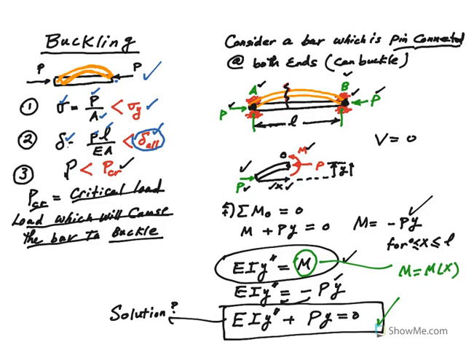The moment was always a function of x because we had loads in the vertical direction. Then we simply integrated once, we got the equation of the slope, we integrated twice, we got the equation of the deflection. But that's not the case here. We have to solve this equation now.